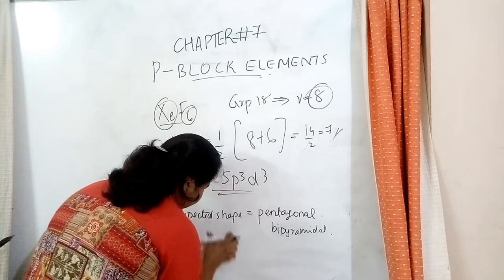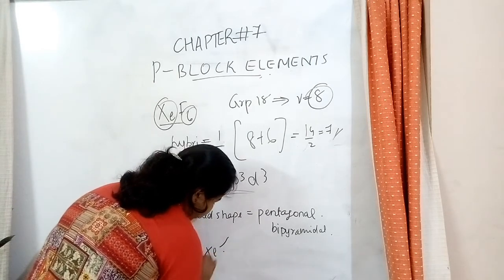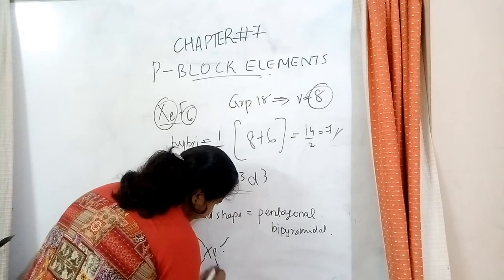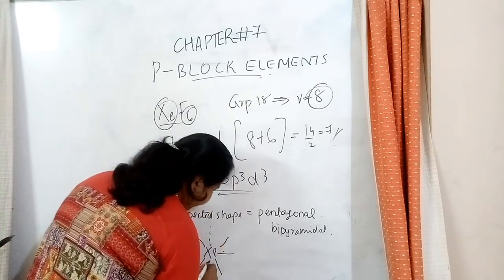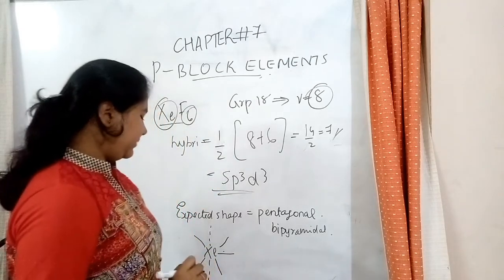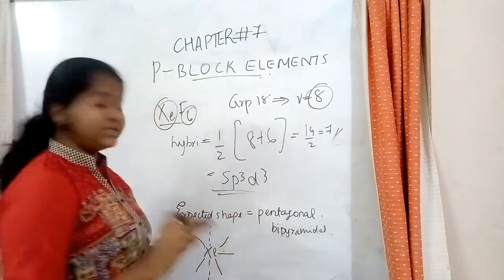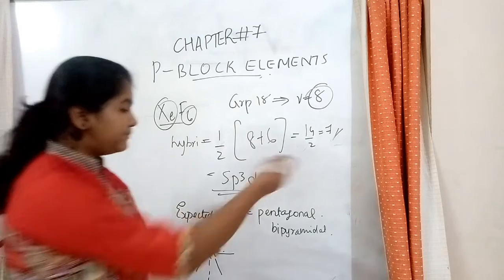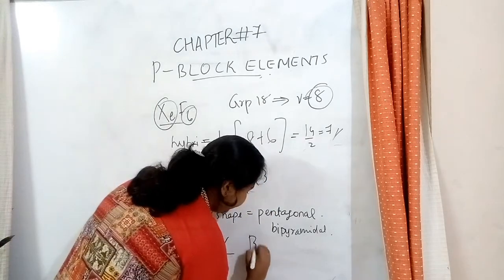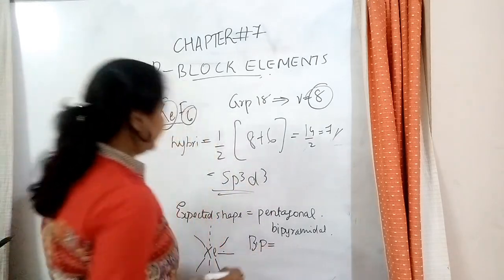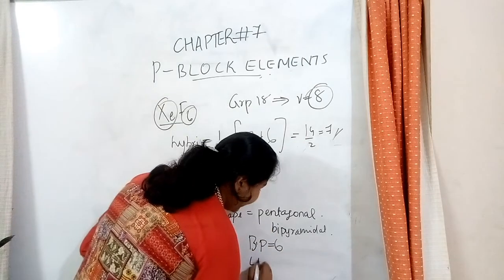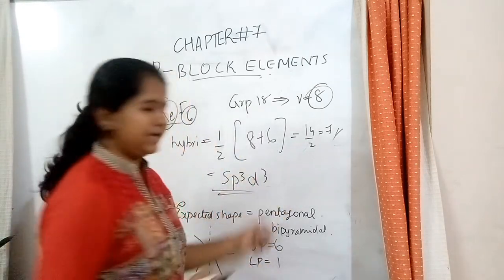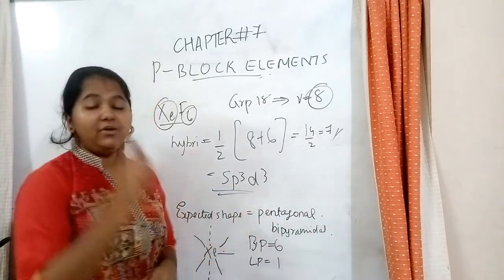First you draw a pentagon and then the pyramidal structures. This is the structure. Now let's see the bond pairs and lone pairs. How many bond pairs can you see? 6 of them. So what is the number of lone pairs? That is 7 minus 6, which is 1. So there would be one lone pair.